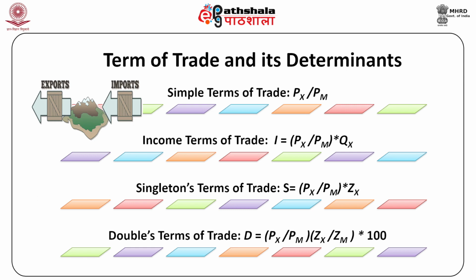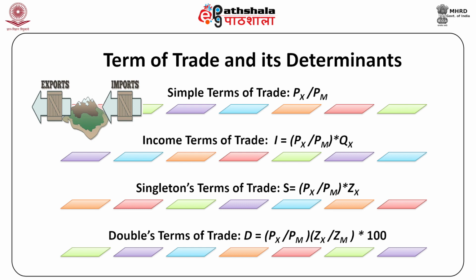Singleton's terms of trade, that is S, is equal to Px upon Pm multiplied with Zx, where Zx refers to the productivity index of exports. S means the amount of imports the nation gets per unit of domestic factors of production embodied in its exports.